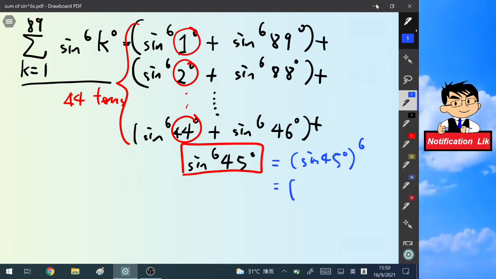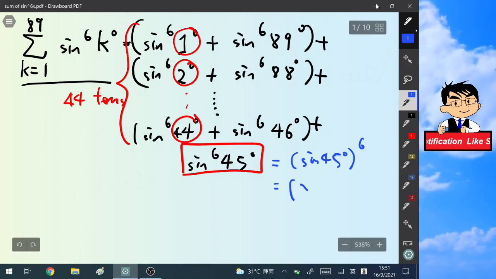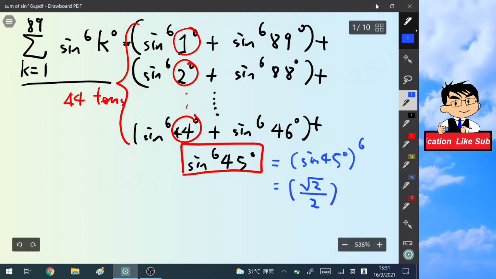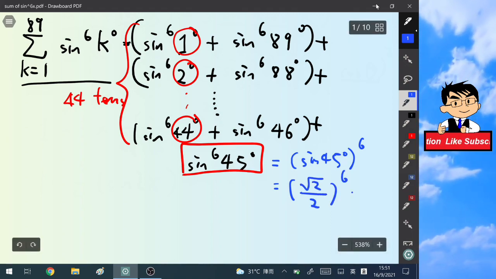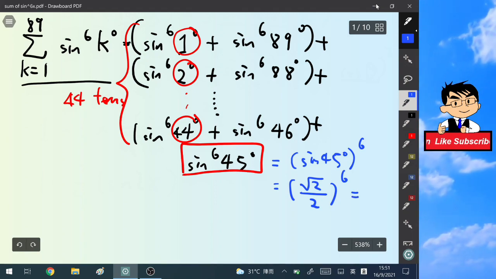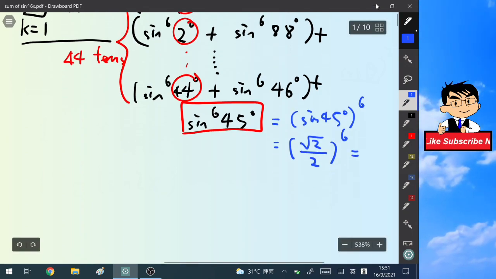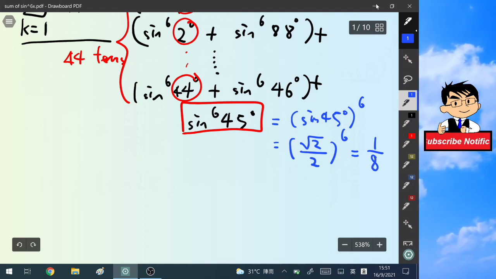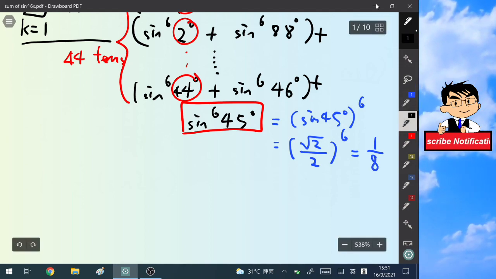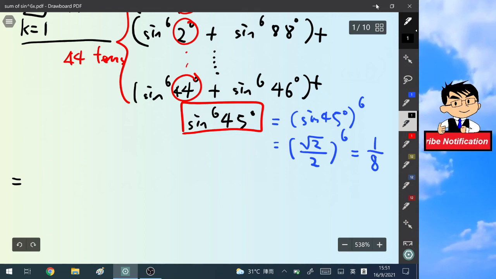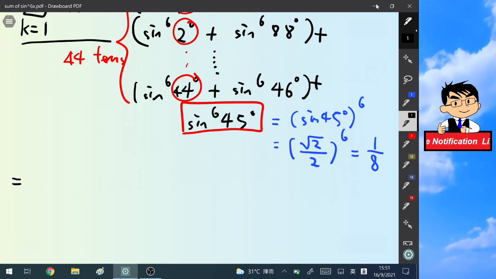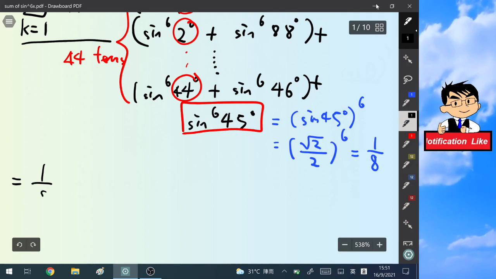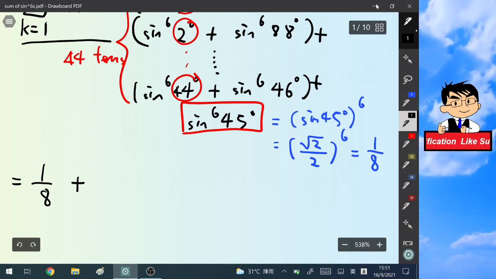There's a special short form, which is root 2 over 2 or 1 over root 2. And so we can write it like 1 over 8 here. And so we can express the original summation like this. And it is equal to 1 over 8 and then plus.